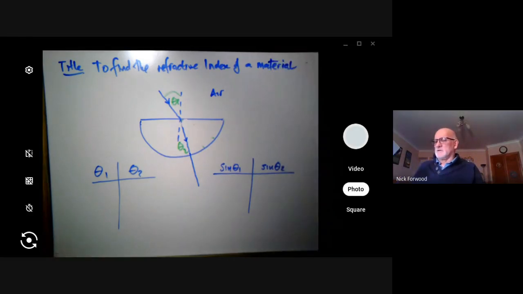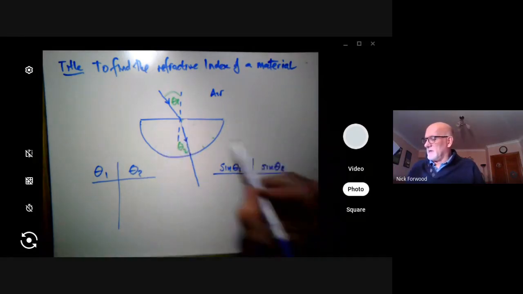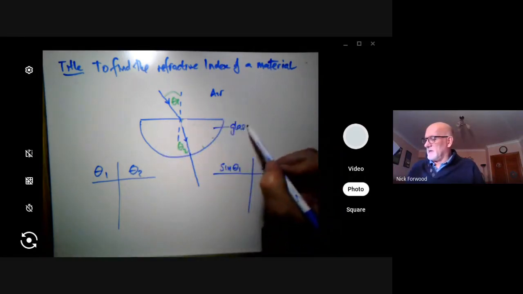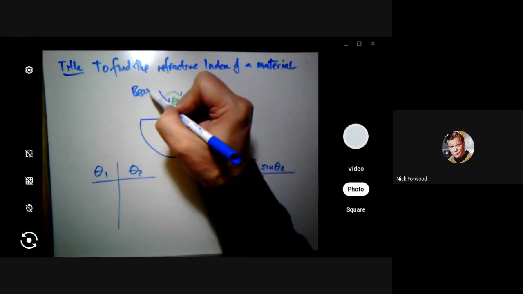There's your title. You'd do a method. You'd have a diagram, and you'd label this up: air, glass, and you can put in your beam of light. And I suggest you copy this down quickly.